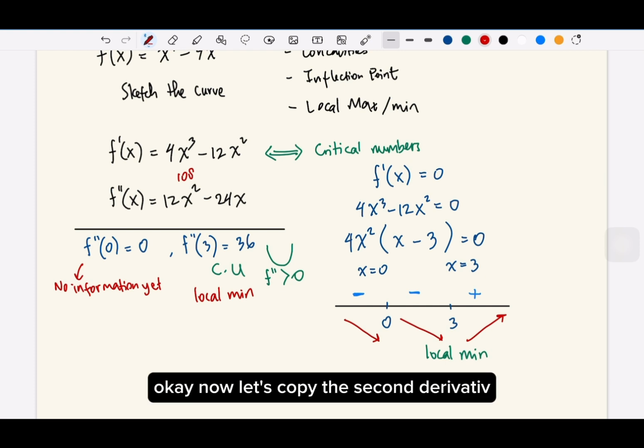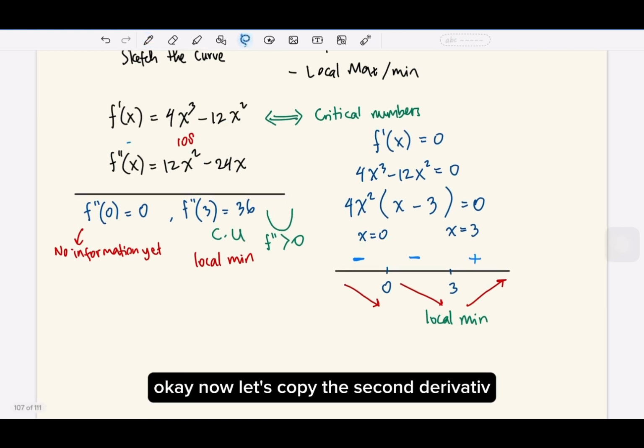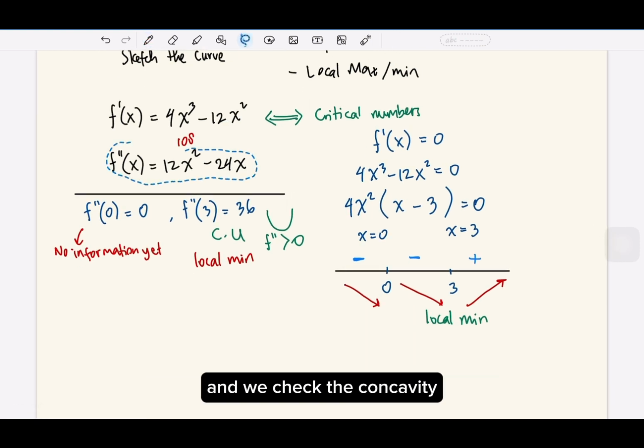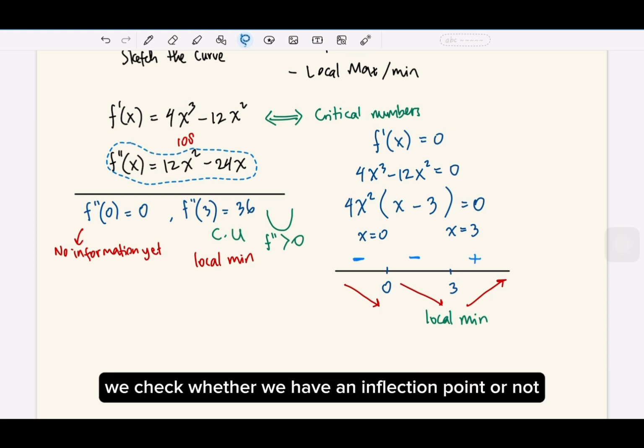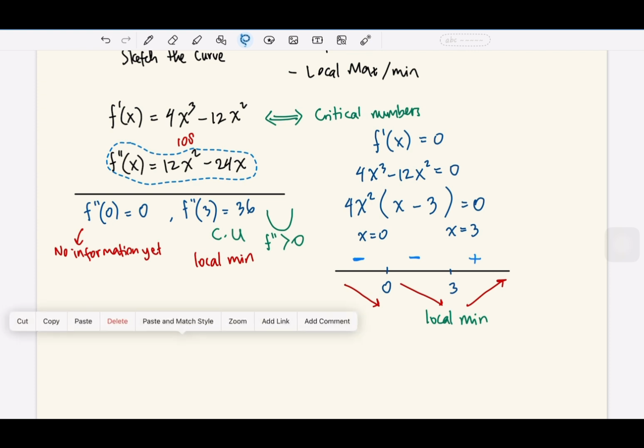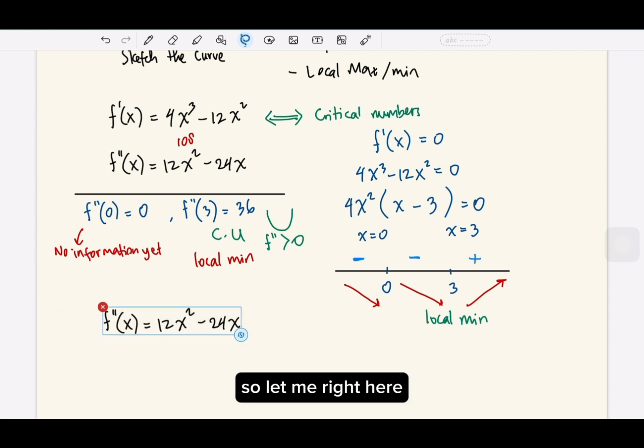Okay, now let's copy the second derivative and check the concavity. We check whether we have an inflection point or not. So let me write here.